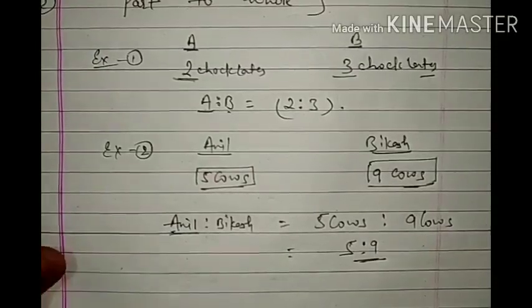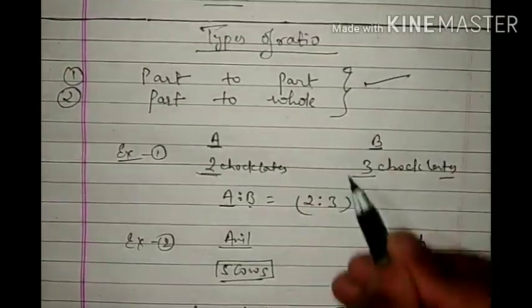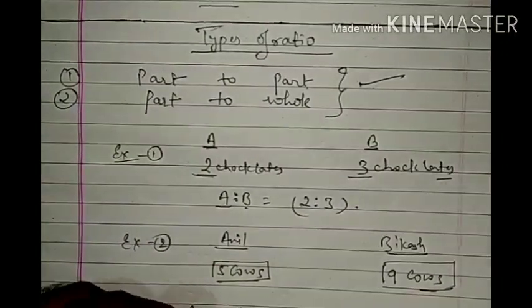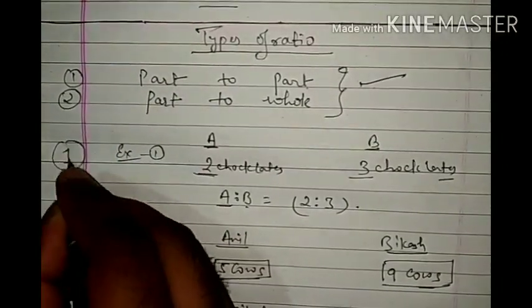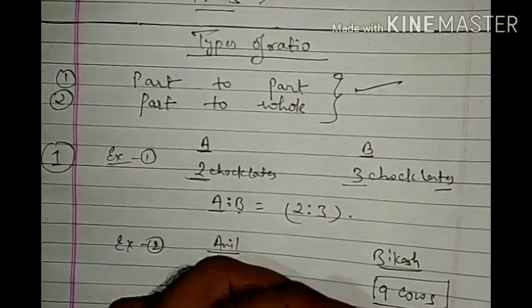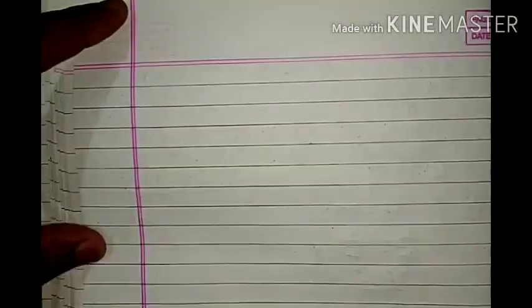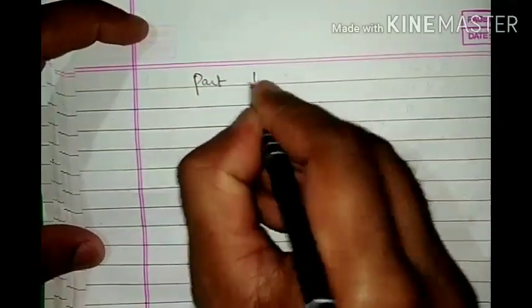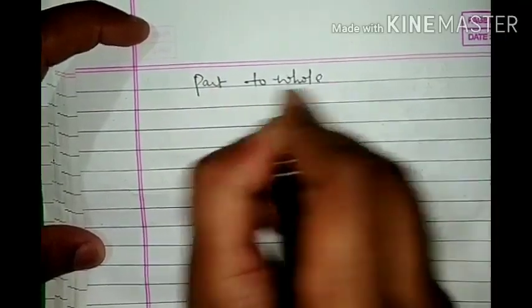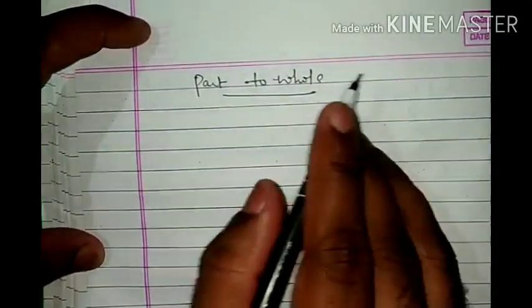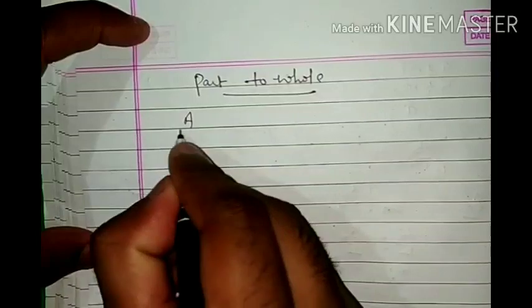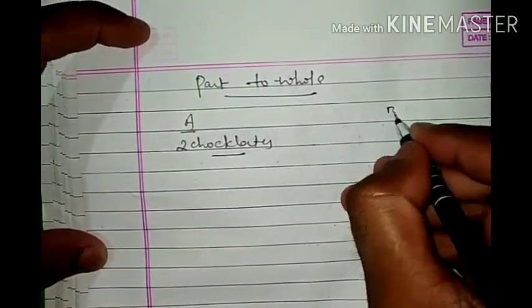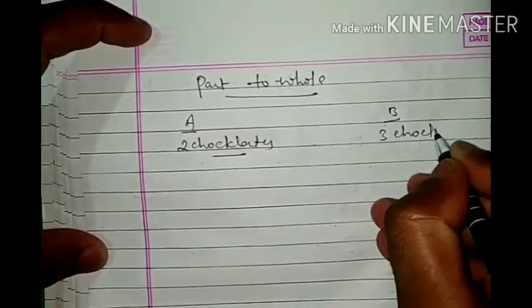This was the first, part to part. Now let's move on to the second, part to whole. Again, recall the first example. A had 2 chocolates and B had 3 chocolates.